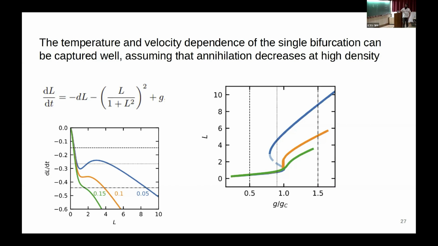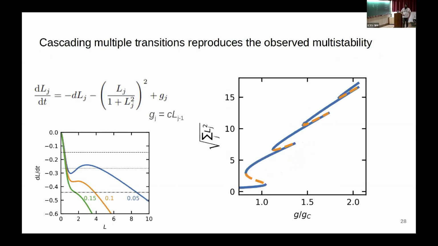So as I increase g, normalized by some critical g at the bottom of this minimum or equivalent number for the other curves, for this blue one, which shows the bistability, first I go here, then I jump here, and when I historically go back, first I go up here, then I jump here. And here I have a region of unstable fixed points, where there are two stable solutions. This, at least qualitatively, looks very similar to what we see in the jet device.